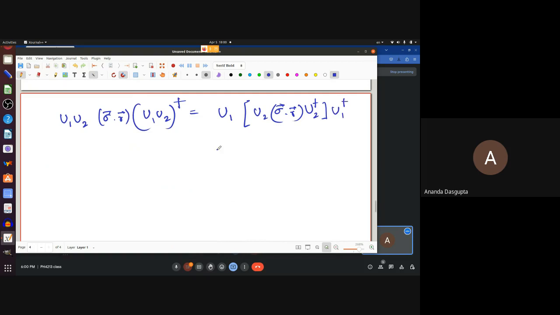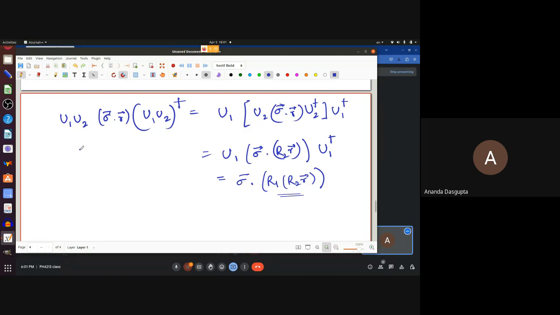And here, so what is this thing in the bracket here? As U1 sigma dot R2 acting on R, U1 dagger. Oops. And then this is sigma dot R1 acting on R2 R. Right?